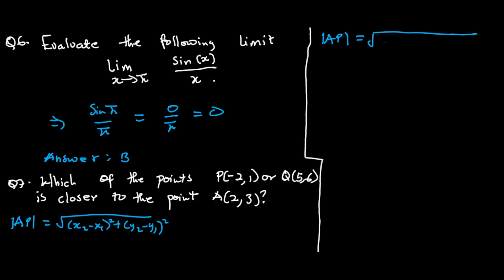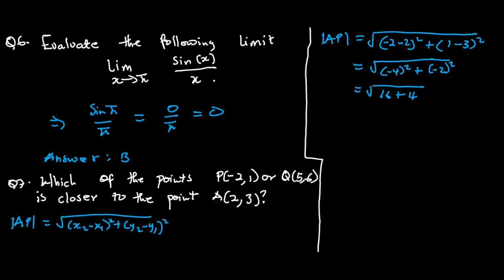So I'll have (-2 minus 2) squared plus (1 minus 3) squared. If I evaluate this, I'm going to have (-4) squared plus (-2) squared, and that will give me root of 16 plus 4, which is root of 20. Okay, so this is what we have for the first one.